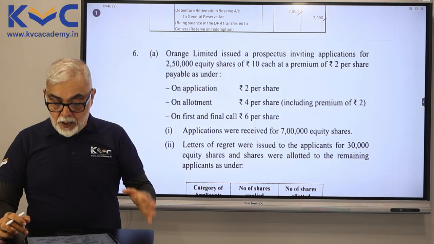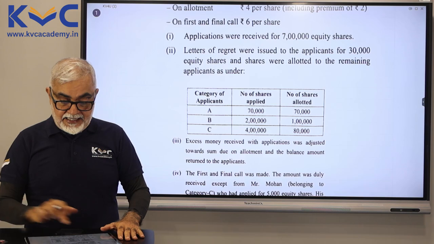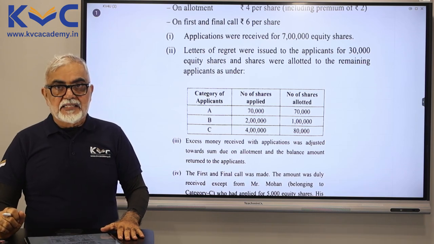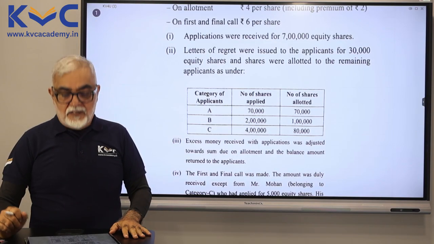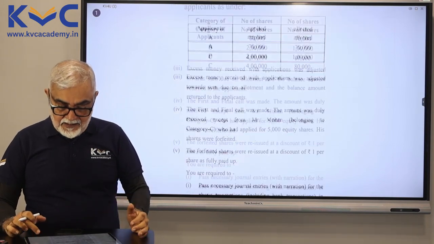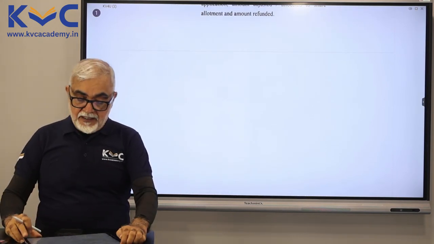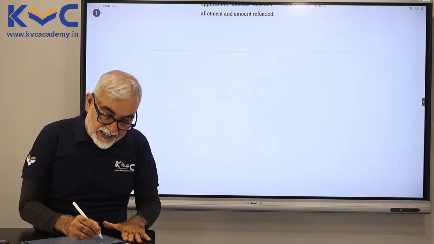Okay. So how do I adjust this? And there are 3 parts there. Okay. 3 types of allotment given. So let's first do this. Okay. This is important. It's a working note that has to be made.